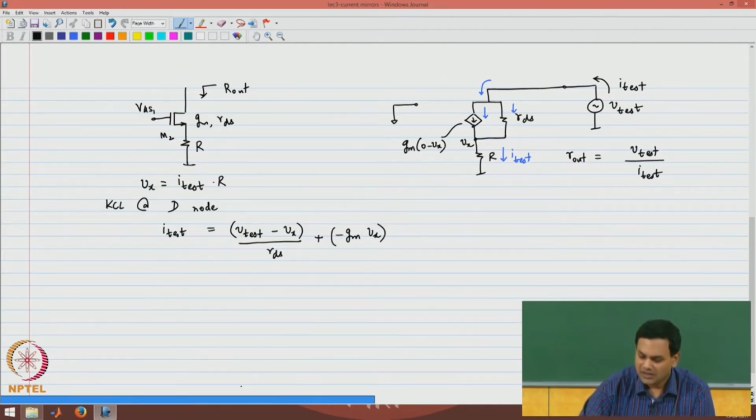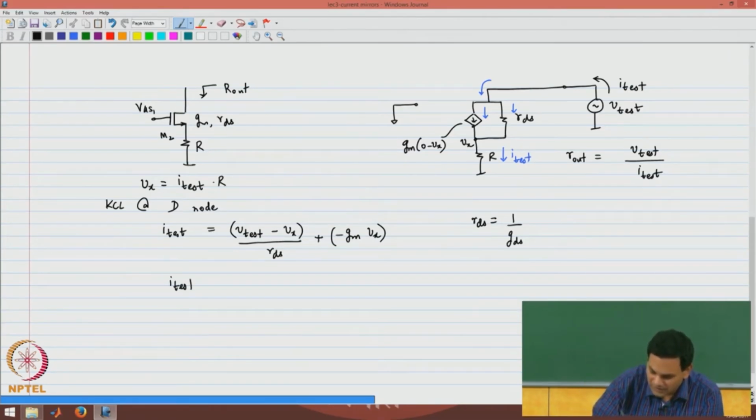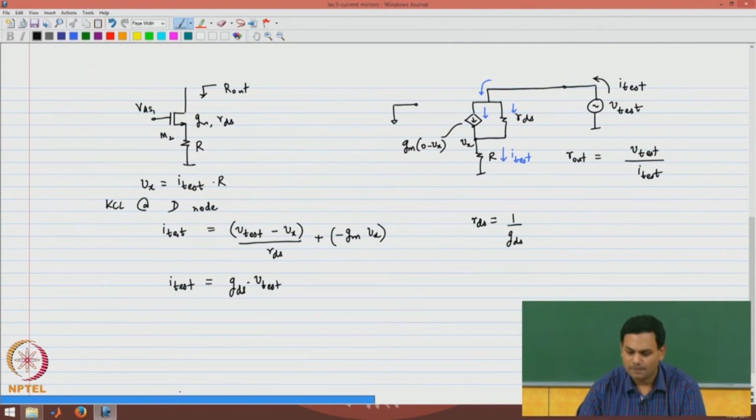So, now for ease of writing the equations, I am going to say that RDS is 1 over GDS, so that I test can be written as GDS times V test minus GDS times Vx, and I am going to write it in this form.